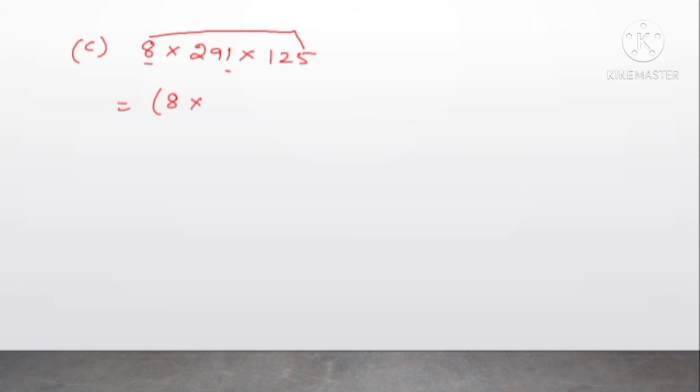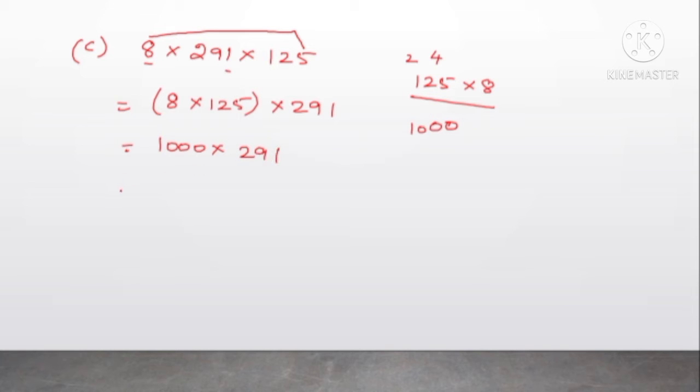So 8 into 125 into 291. So this is equal to 125 into 8. If we multiply, 5 8s are 40, balance 4, 8 2s are 16, 16 plus 4 20, balance 2, 8 1s are 8, 8 plus 2 10. 1000 into 291. So this is equal to 291 as it is, how many zeros? 3 zeros.